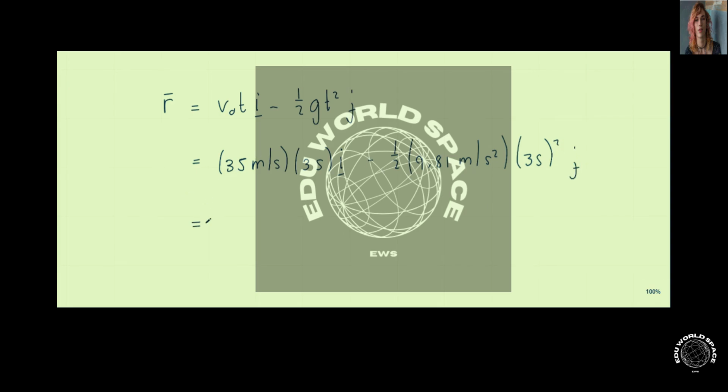So we get the motion of the center of this projectile to be 105 meters times I minus 44.145 meters in the j direction.